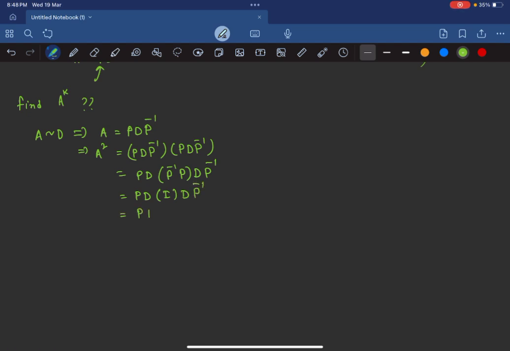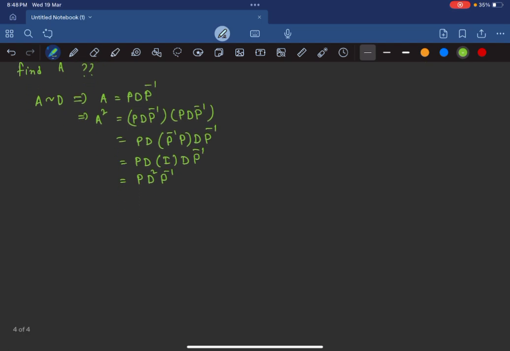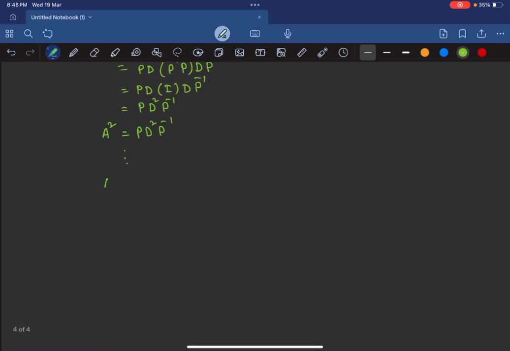So from here we have P D square P inverse. Just see what you are getting: A square is equal to P D square P inverse. Likewise, if you proceed, A power K is the same as P D power K P inverse.